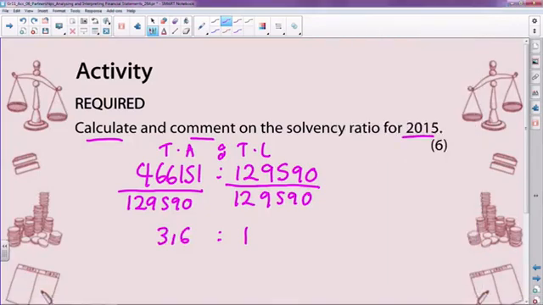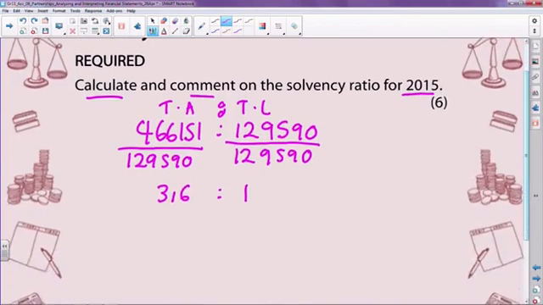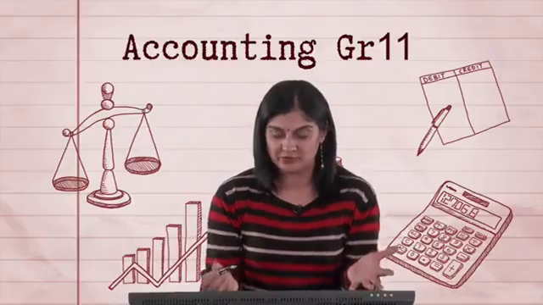Right, so now that we've calculated the solvency ratio, how are we going to comment on this ratio? Right, now guys, I'm not going to write detailed comments, but I'm rather going to discuss. So please, as I'm discussing, you take down the key points. You guys with me?